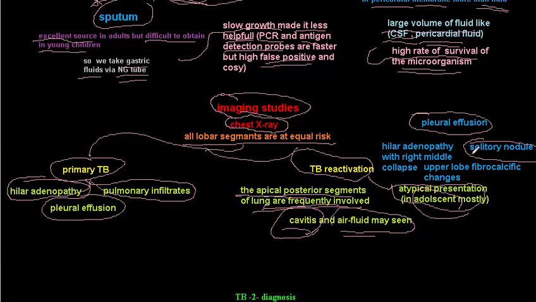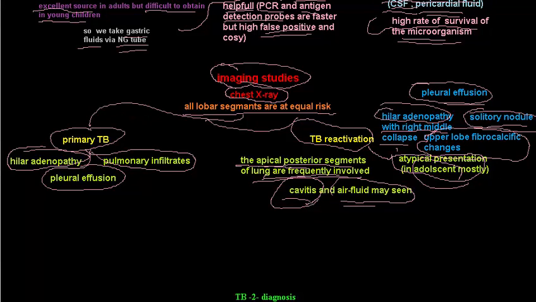Pleural effusion, solitary nodule, hilar lymphadenopathy with right middle lobe collapse, upper lobe calcific changes. So calcification, fibrosis, pleural effusion, solitary nodule are atypical presentations, mostly seen in adults.